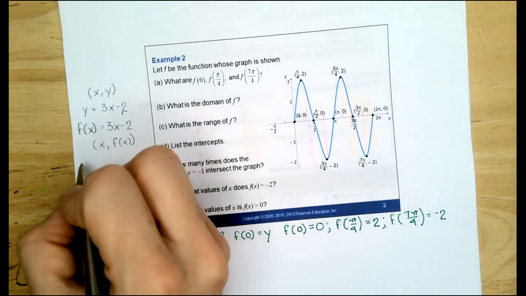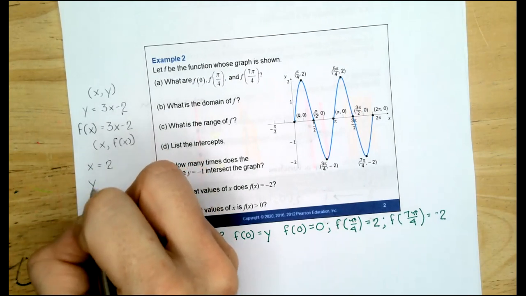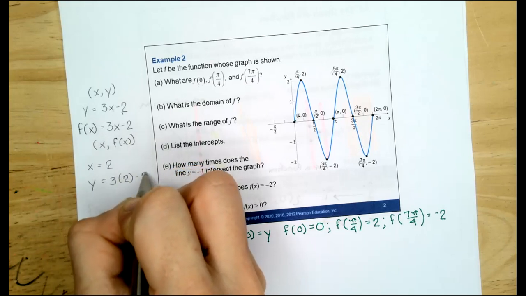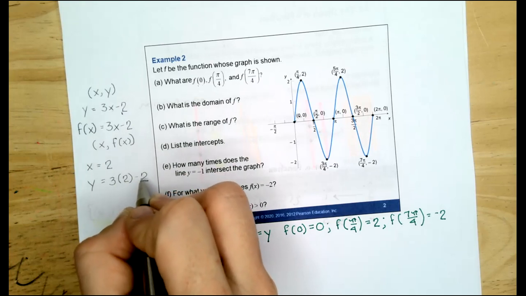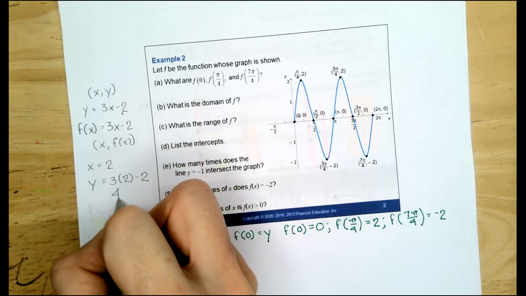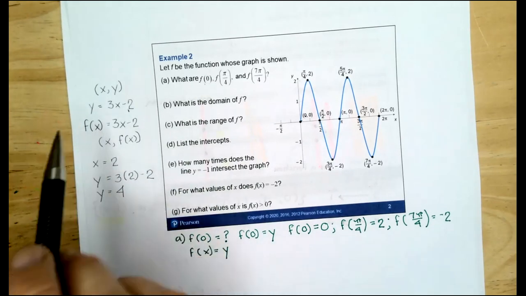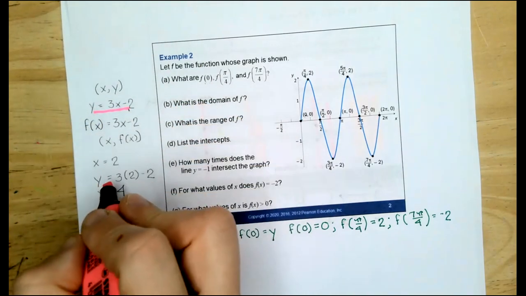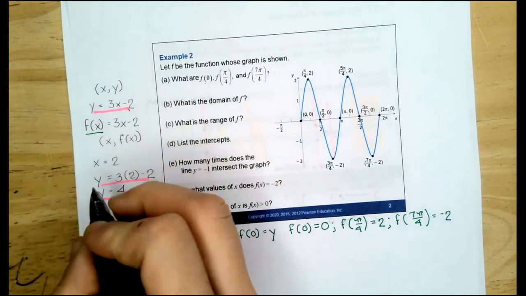So if I said x equals 2, then that would look like y equals 3 times 2 minus 2, right? 3 times 2 is 6, minus 2 is 4. So y equals 4. But that's all in terms of y, right? Let's do the exact same thing in terms of f of x.